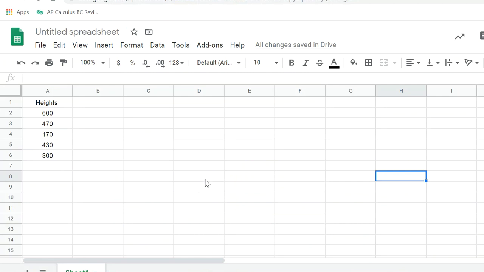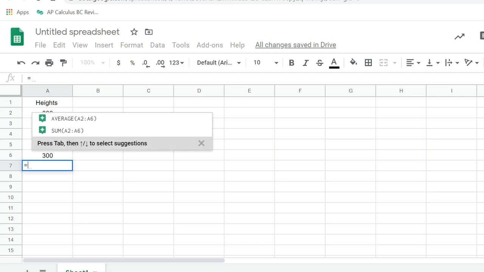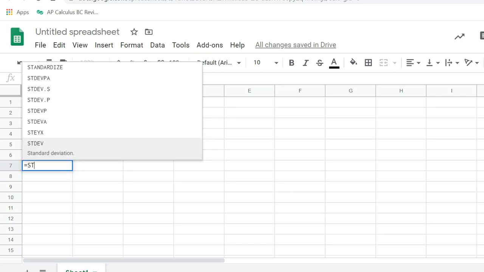Next, I'm going to go to an open cell, just right underneath it, and type equals and start with stand. And then you get a couple of different options. If you type in just standard deviation, Excel and Google Sheets both default to that of a sample, not of the whole population.